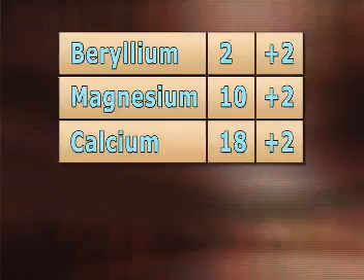Beryllium has 2 shielding electrons and an effective nuclear charge of +2. Magnesium has 10 shielding electrons and an effective nuclear charge of +2. Calcium has 18 shielding electrons and an effective nuclear charge of +2 as well.